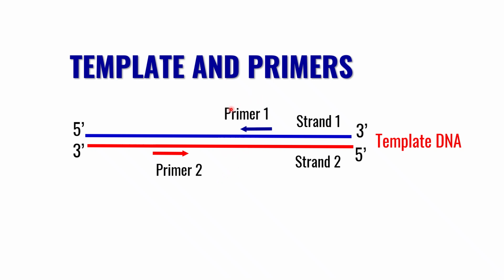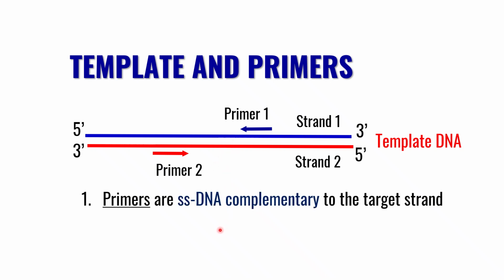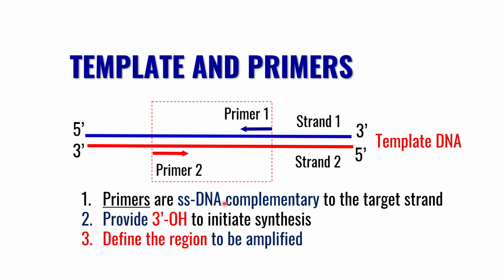So primer 1 is complementary to strand 1, primer 2 is complementary to strand number 2. The second point is they initiate DNA synthesis. They prime DNA synthesis by providing 3' OH. This is a very important point. And the third one is they also define the region to be amplified. So these 3 points you should remember about the primers.